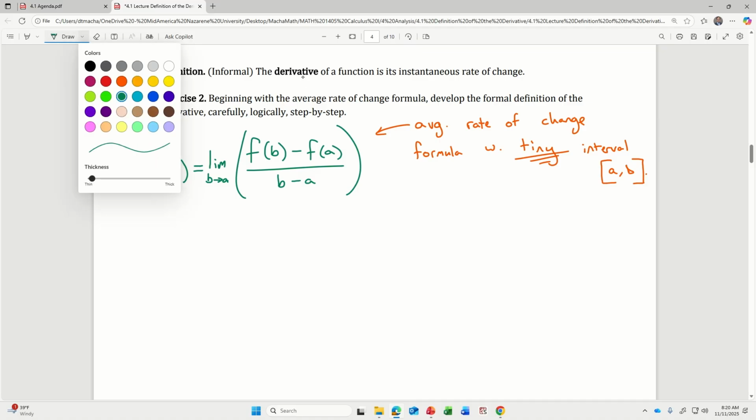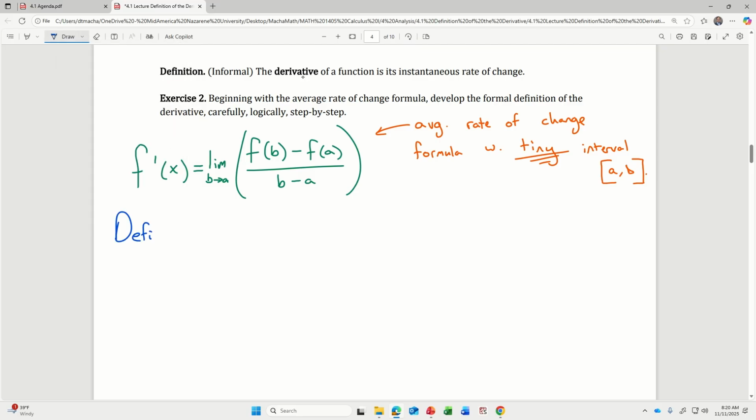What I'm going to do next is define this. h is going to be the width or the duration of the interval. So h is going to be b minus a.